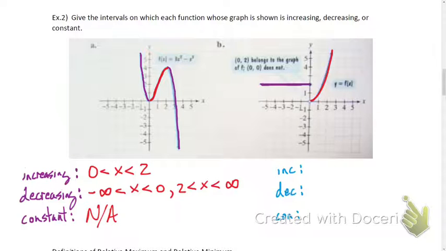And it's not decreasing. So go ahead and write that one. Doesn't apply. Increasing, it starts at 0 and goes forever. I'm struggling with infinity. There we go. And it's constant starting at negative infinity and stays constant until 0.